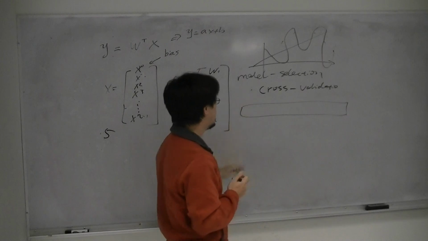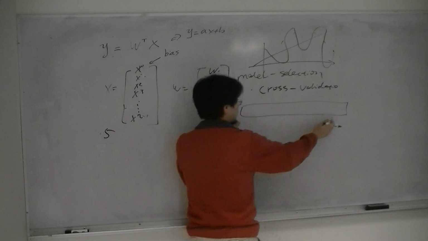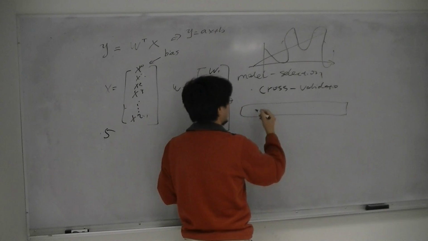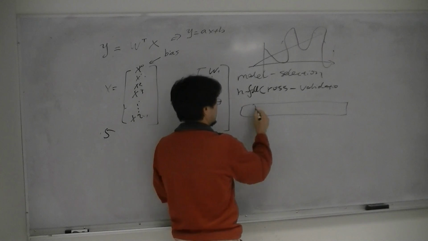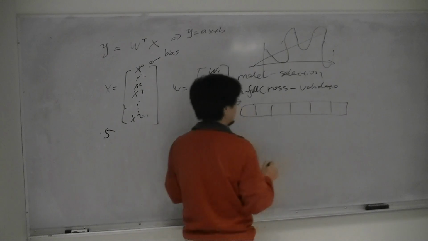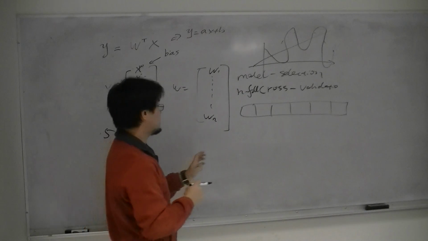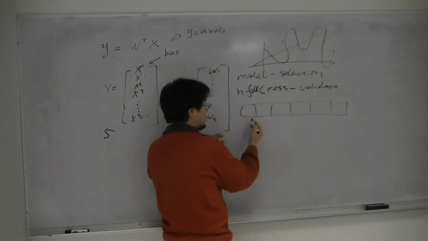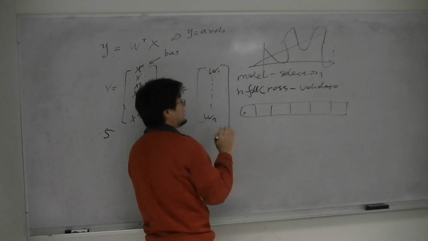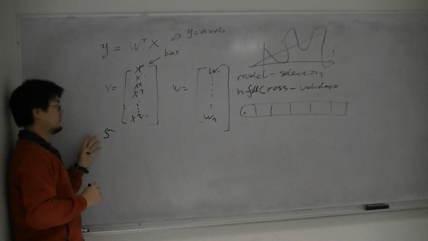cross validation, which divides your array, the training samples, into n folds. So each time we train the model on the rest, while this section is reserved for validation, to validate how good your model 5 is.